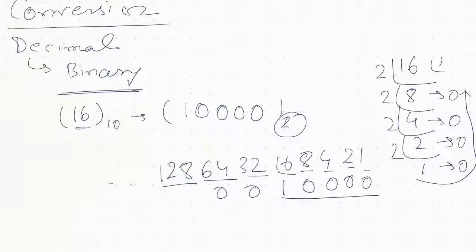Now let's see how to convert decimal into octal, that means base 8. Let us try the previous problem only. We have 16 which is in base 10 and we need to convert it into base 8.